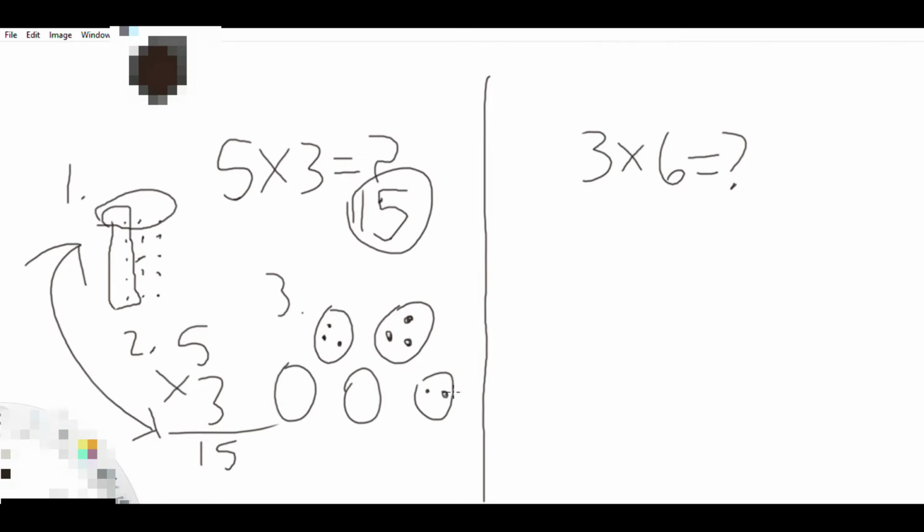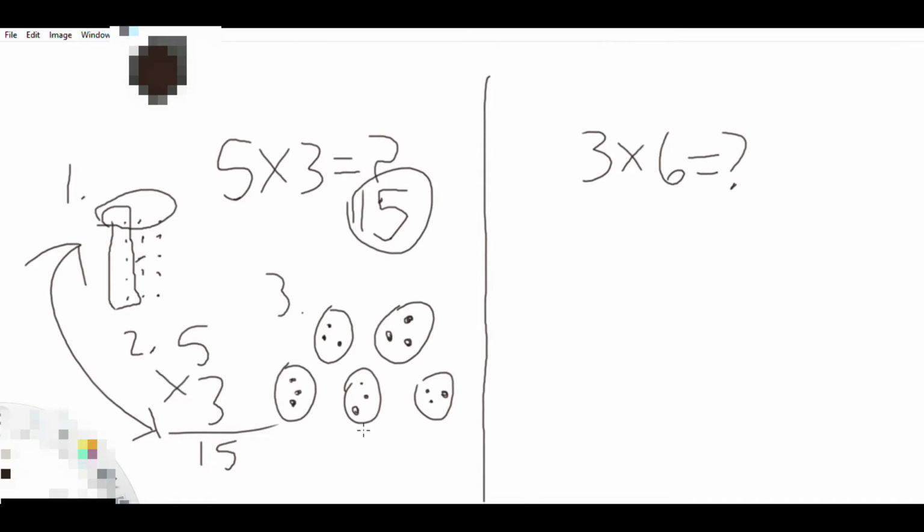So there are 5 cookies, and inside each cookie there are 3 chocolate chips. So there are 2 ways. Either way is fine.